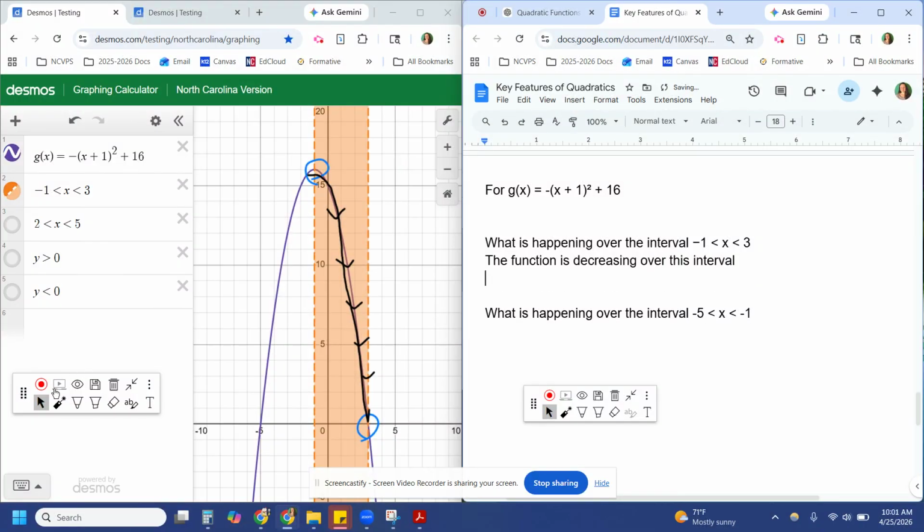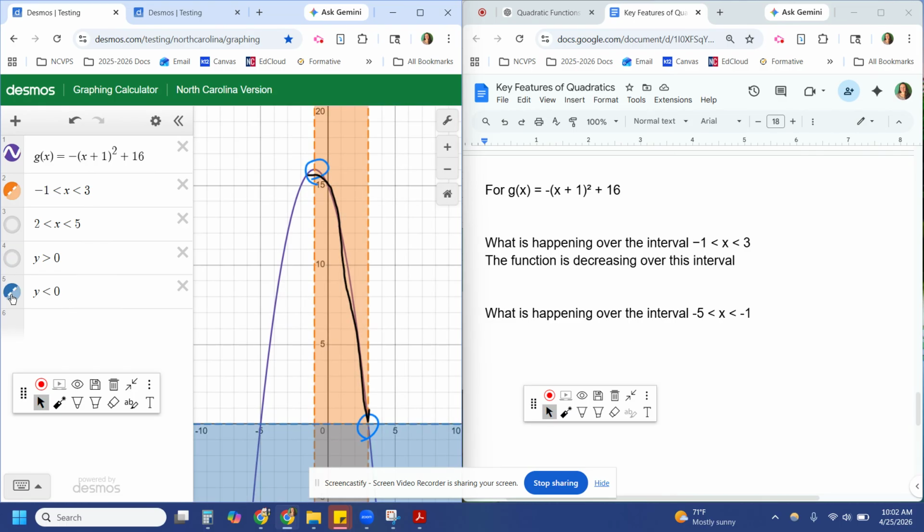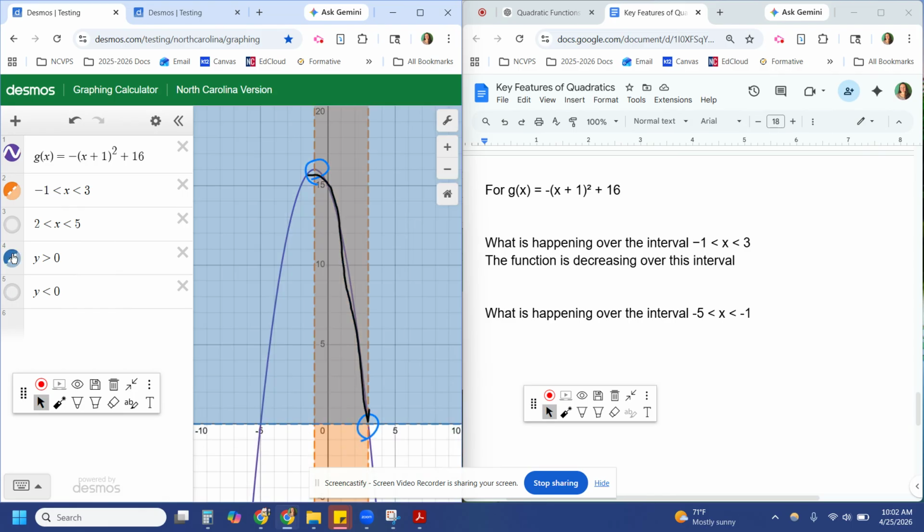How about positive or negative? Let me get rid of my little increasing, decreasing marks. And positive, negative just means, is it above the x-axis? Like, are the y values all positive in the interval, or is it below where the y values are negative? Well, this time, this function is above.